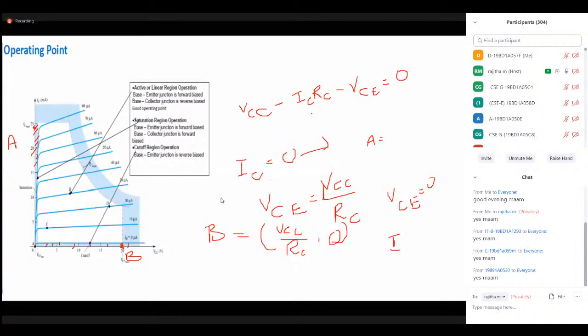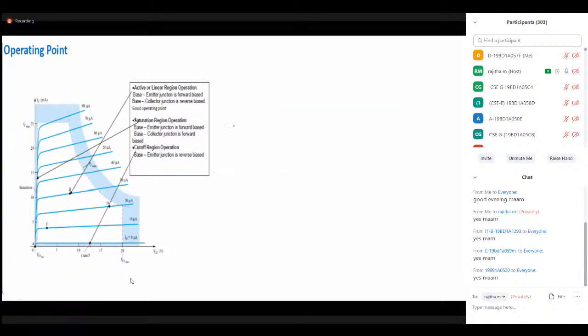Since VCC minus ICRC minus VCE is equal to 0.